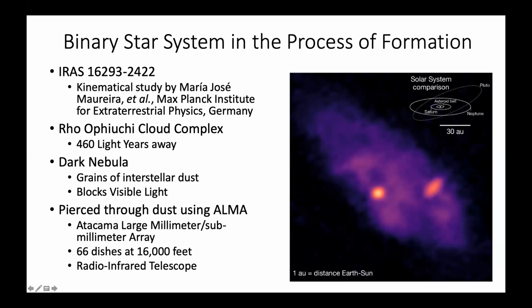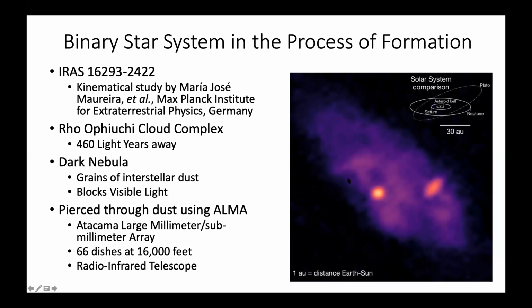The image on the right here is from ALMA, and it's in a star-forming system. These are actually stars or little solar systems in the middle of forming inside this cloud. This nursery has dust, so you can't see it optically.